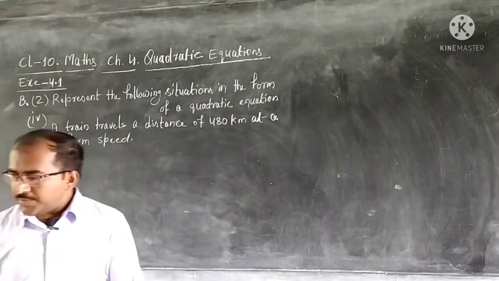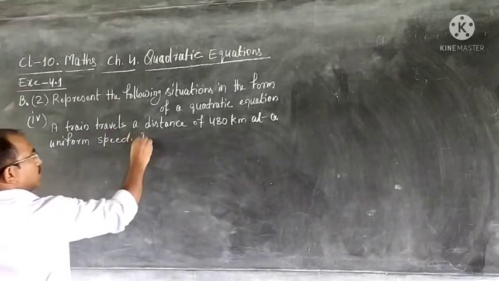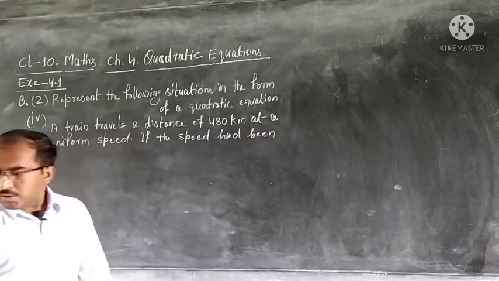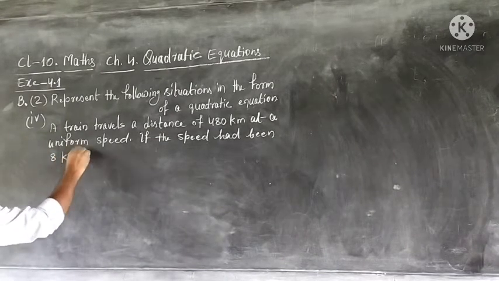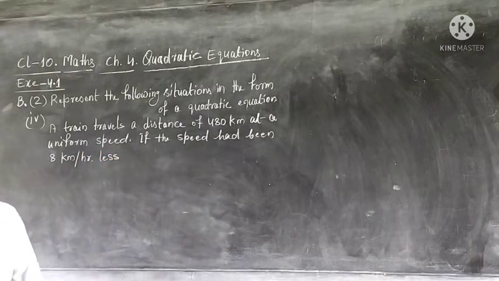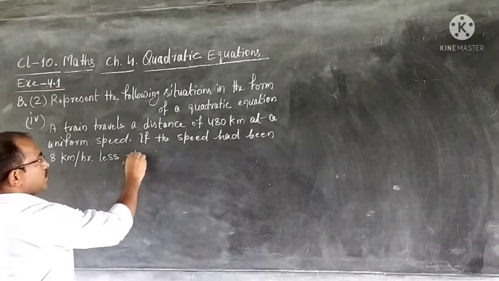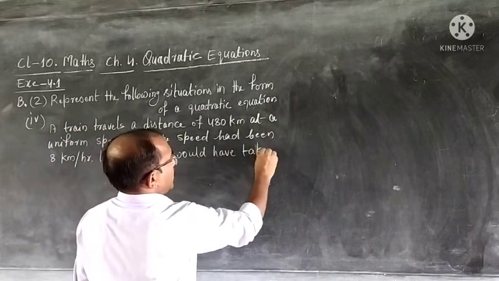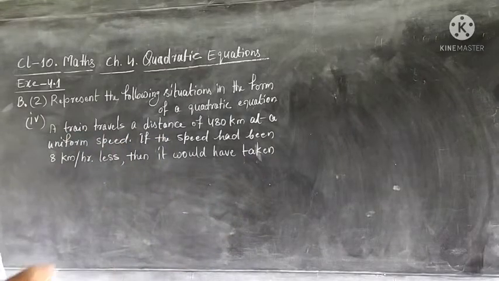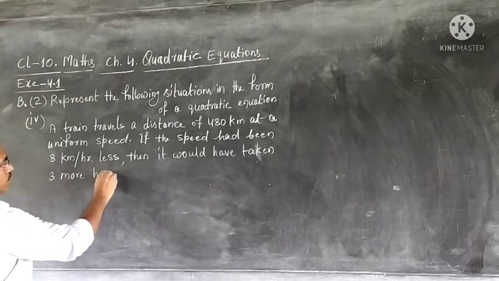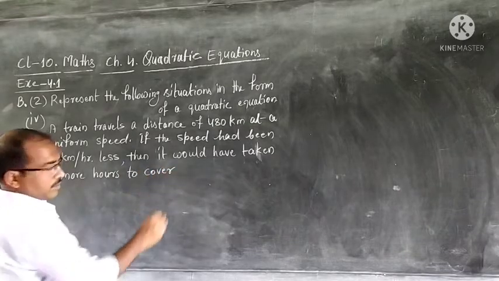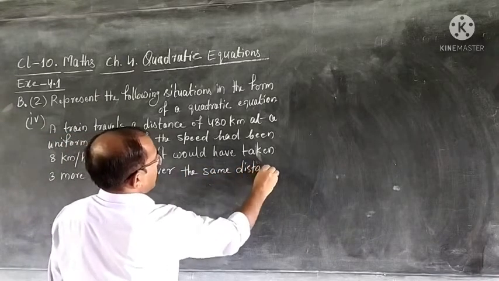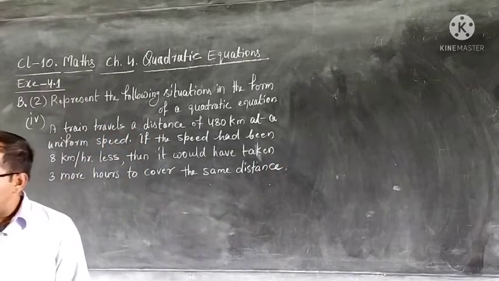If the speed had been 8 kilometer per hour less, then it would have taken 3 more hours to cover the same distance. We need to find the speed of the train.